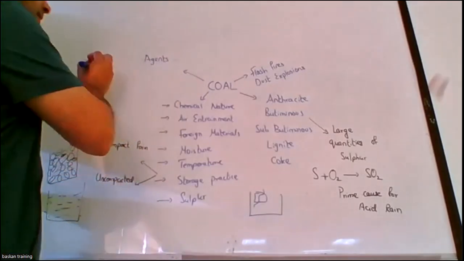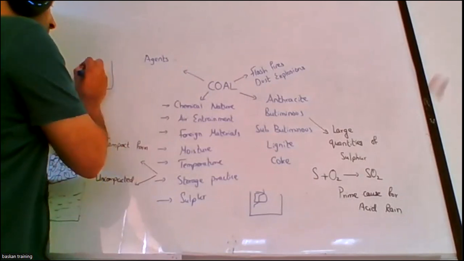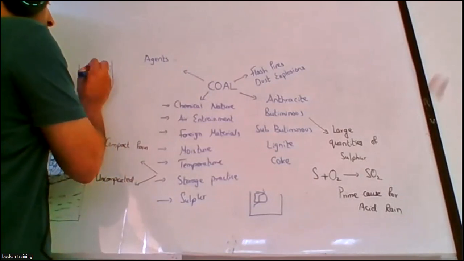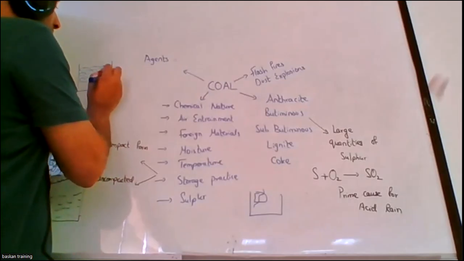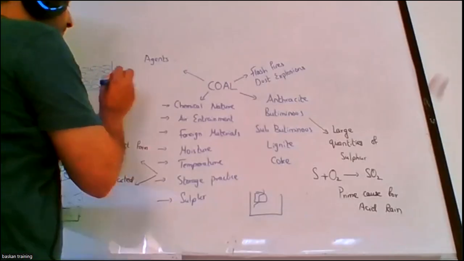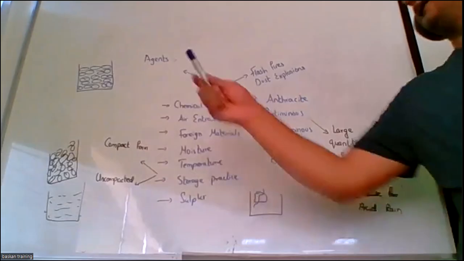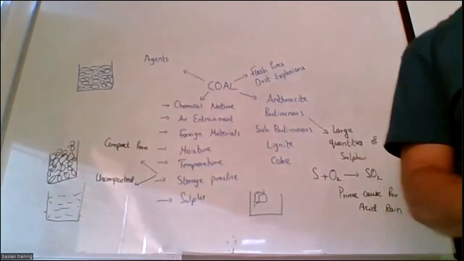Remember one thing, that coal is usually stored in silos. Each silo has its own volume. So if I want to provide an extinguishing agent for a coal fire, what will be the agent?